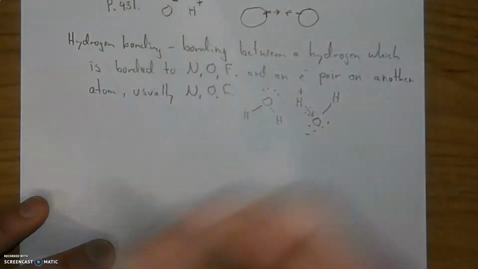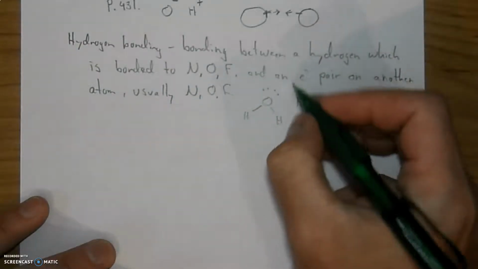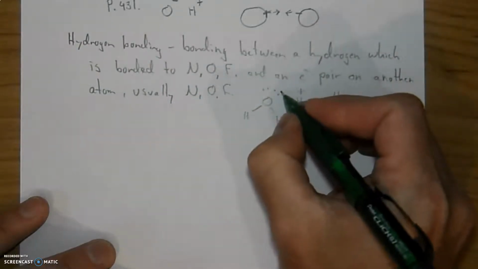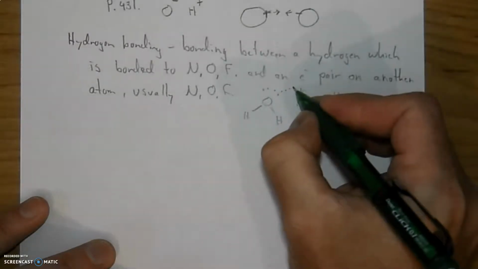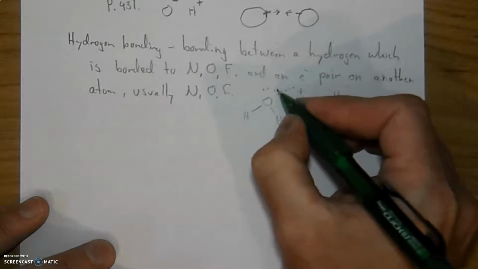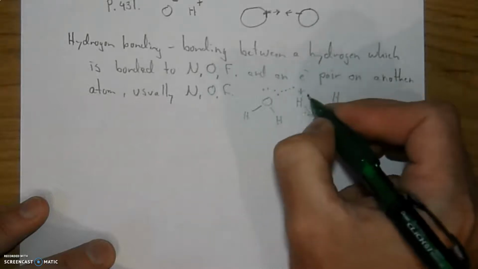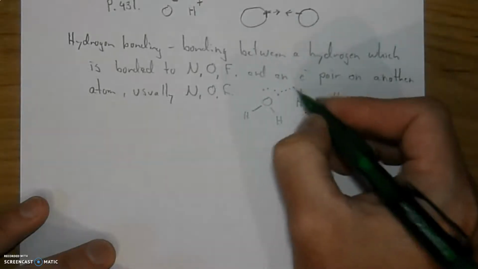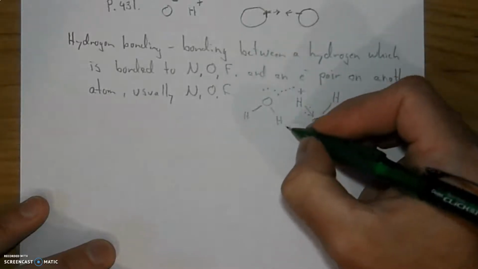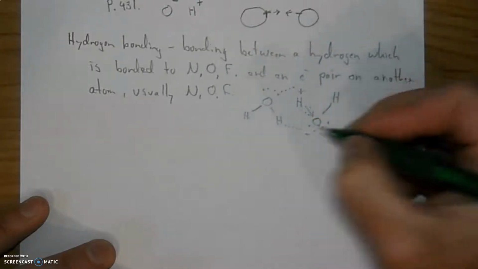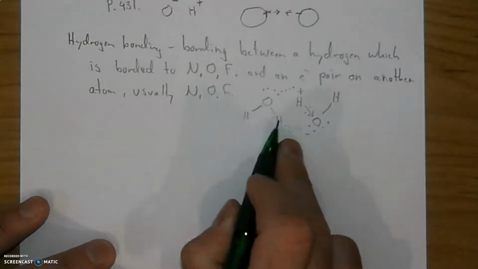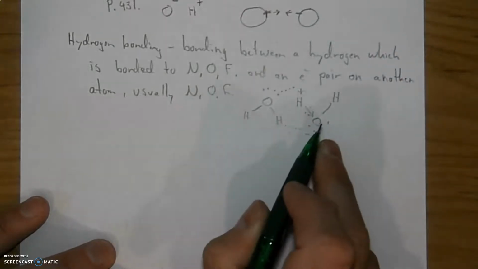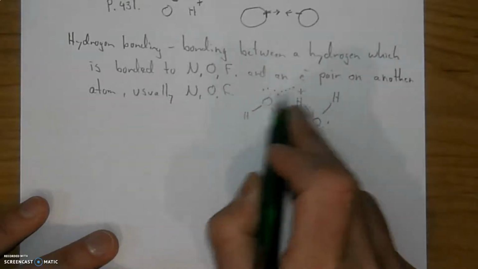Now, because of that positive, negative, there is an intermolecular attraction between these guys. So this pair of electrons is attracted to this hydrogen, and then you have an attraction between these guys. So it's a very strong attraction between this hydrogen and a lone pair of electrons, and the same thing up here.